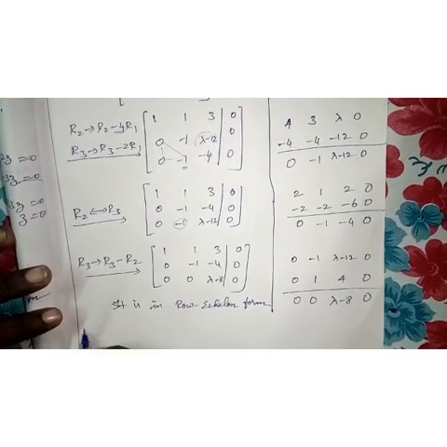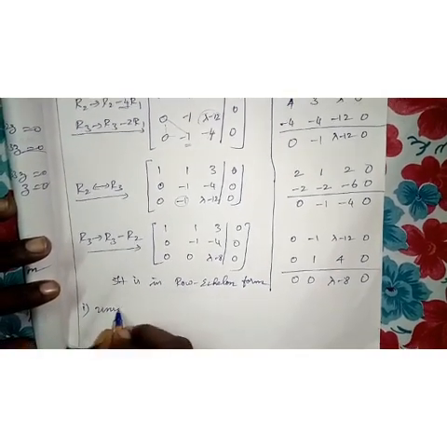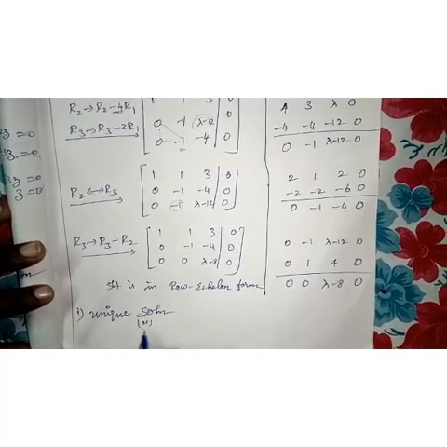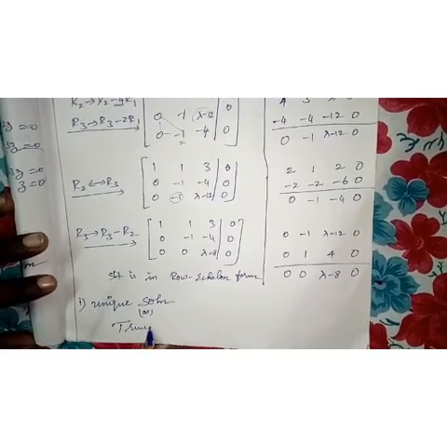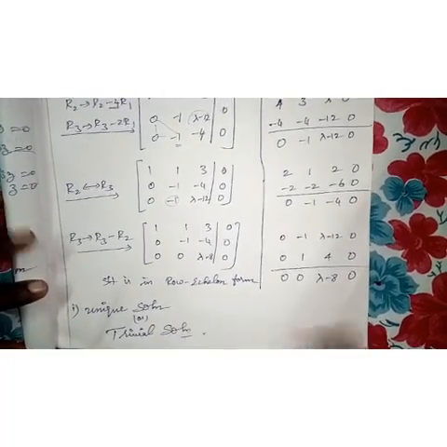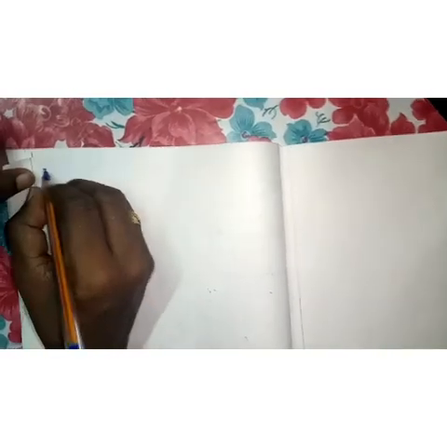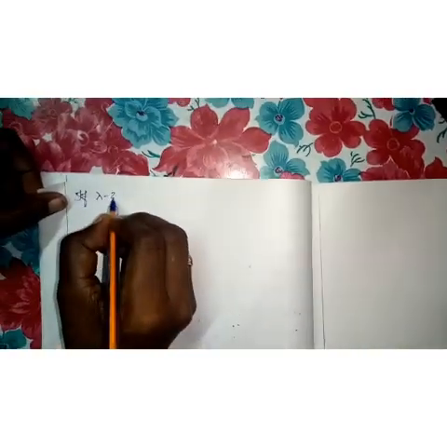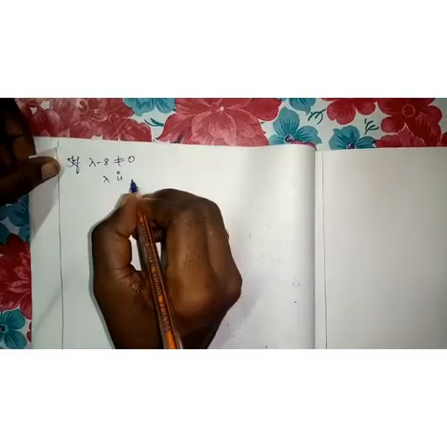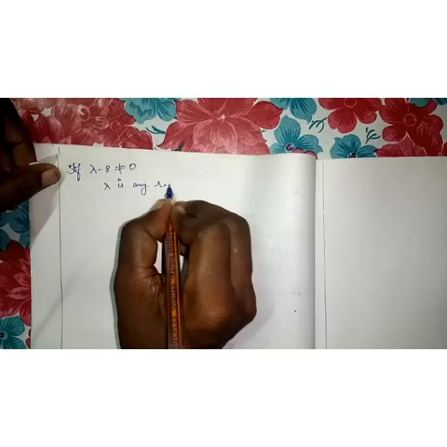Shall I write number 1? Unique solution, or that is a trivial solution, because it is a homogeneous equation. For the trivial solution, if lambda minus 8 is not equal to 0, then lambda is any real number.